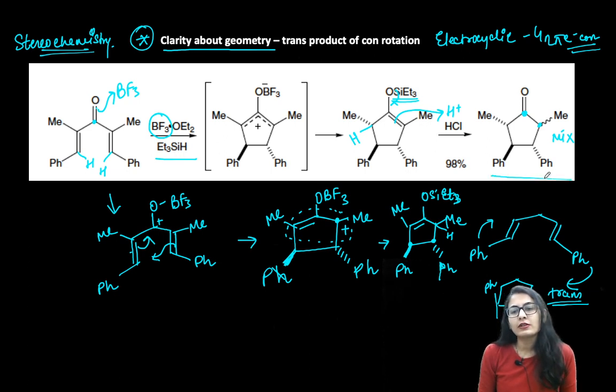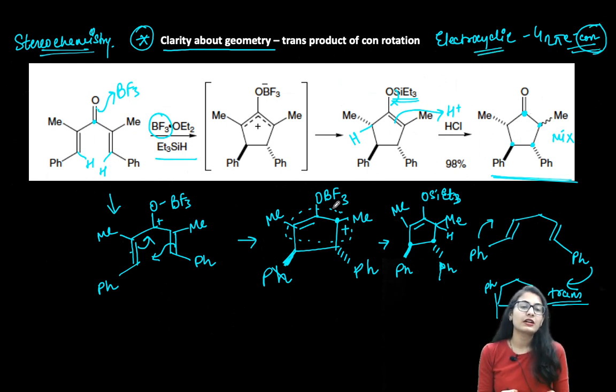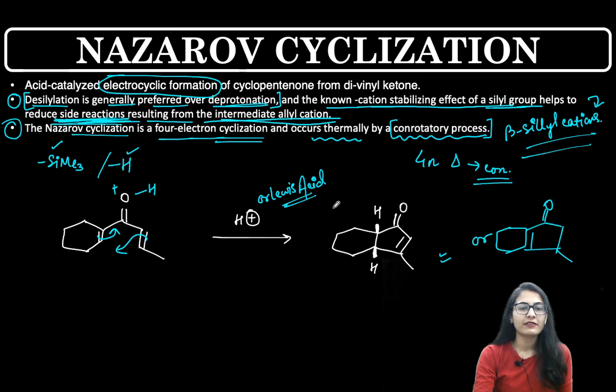Alright, so this is how you are able to understand that you are having the trans geometry because of the conrotatory electrocyclization in the presence of thermal conditions. Now this is the overall Nazarov cyclization. I hope that you understood each and every point that we have taken.